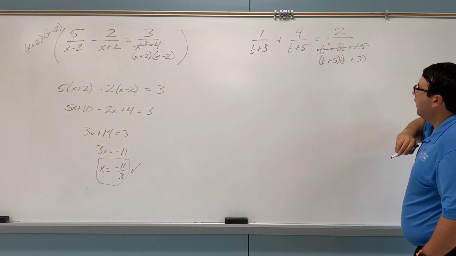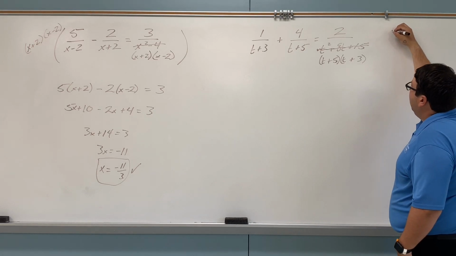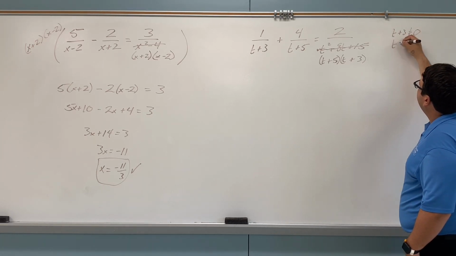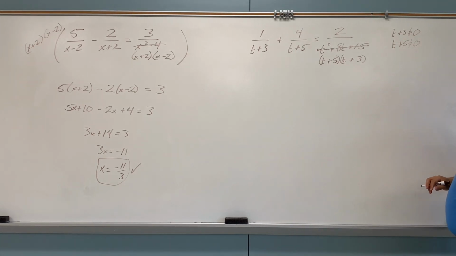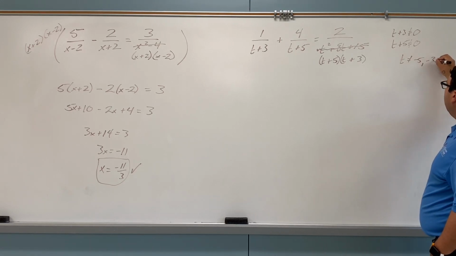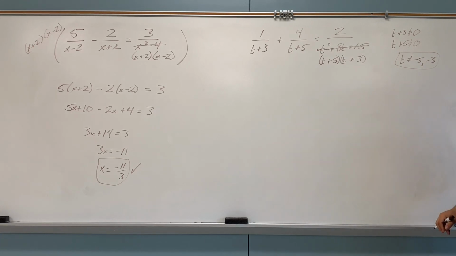Go ahead and cross that out. Now my domain value, I have t plus 3 cannot equal 0. I have t plus 5 cannot equal 0. So I know that t cannot be negative 5 or negative 3. So that's what we're checking against.